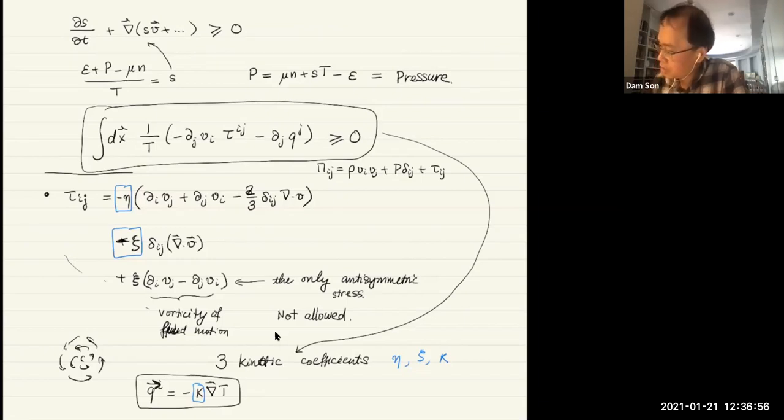So this is called the shear or first viscosity. This is called bulk or second viscosity. And this is the thermal conduction, thermal conductivity.